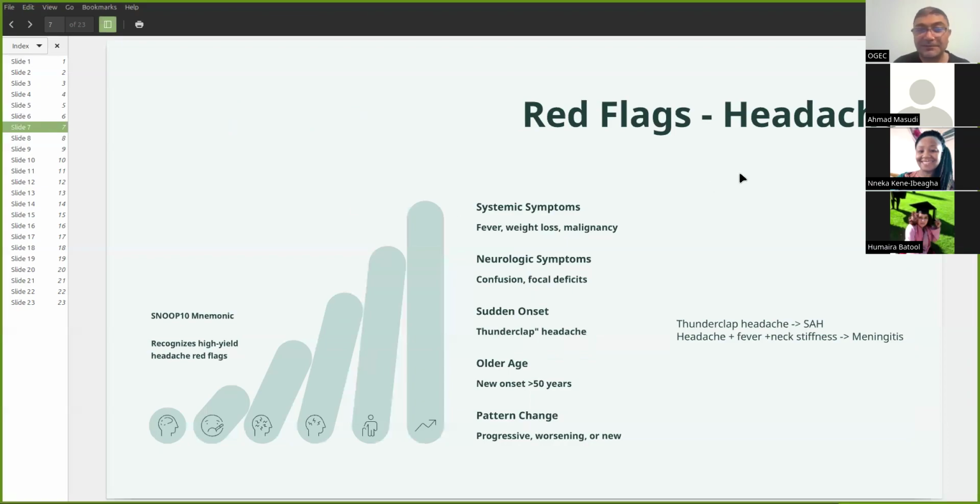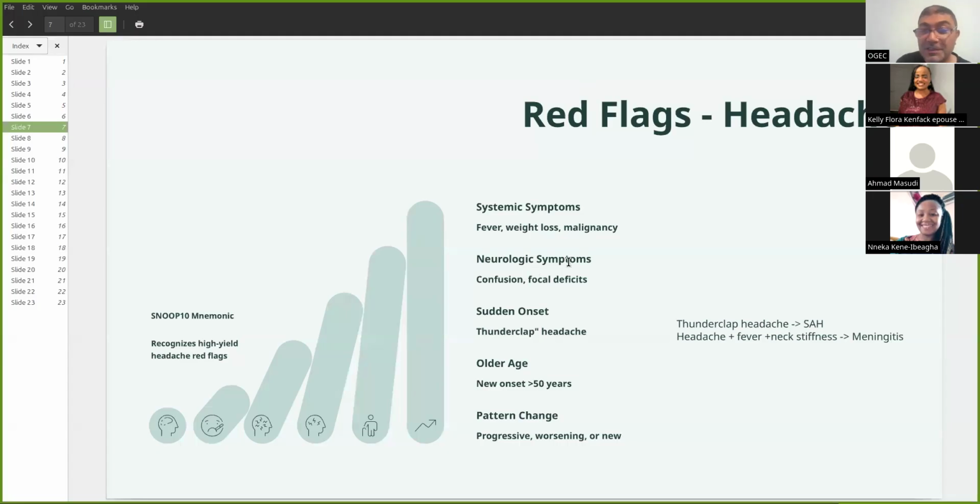In headache, if the patient has systemic symptoms like fever, weight loss, and malignancy, these are the red flags. With headache and these systemic symptoms, it can be a serious condition inside the skull, maybe a tumor, maybe infection.